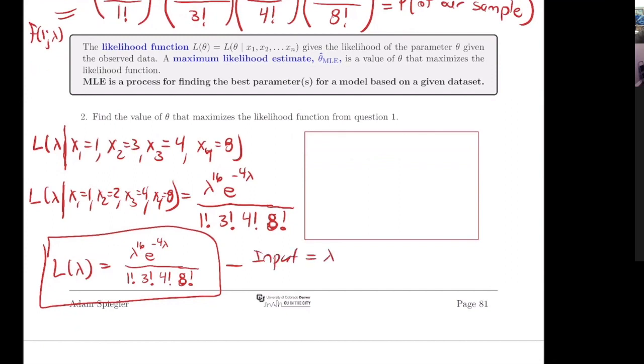So now when we think about this likelihood function, it has an input, which is lambda. And the output is going to be the probability of getting our sample for that given lambda value.